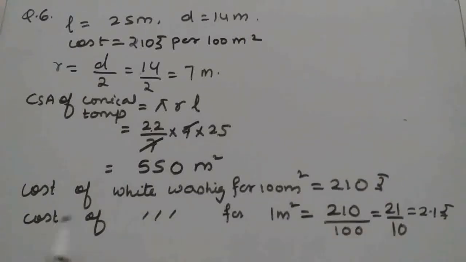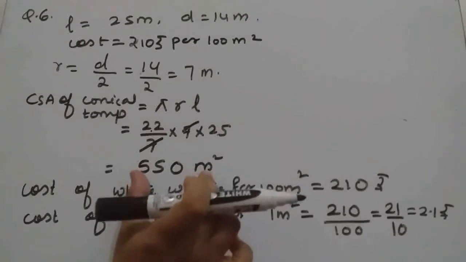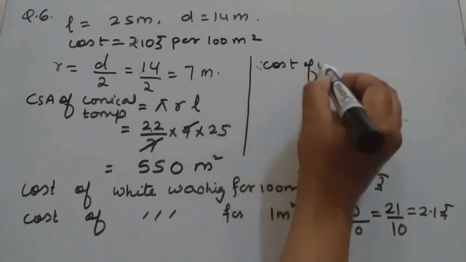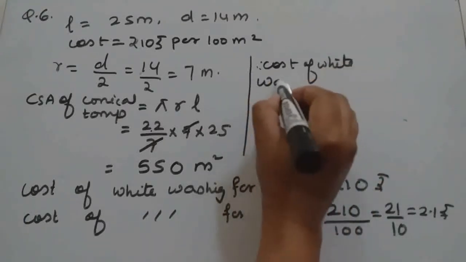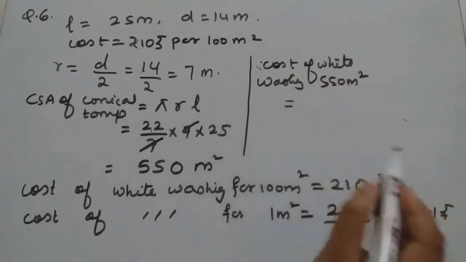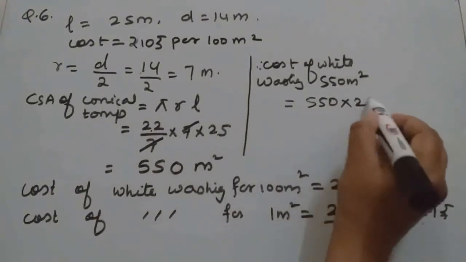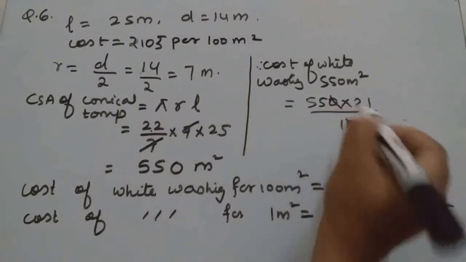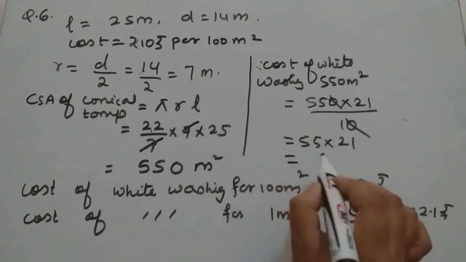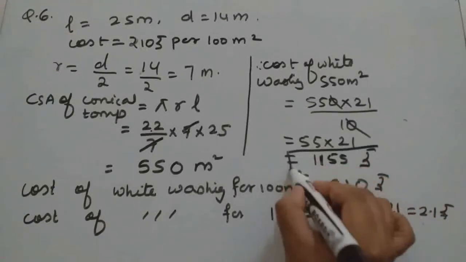Now the cost of 1 meter square we know, so the cost of 550 we can find easily. So the cost of whitewashing 550 meter square will be 550 into this, we should multiply, isn't it? So 21 by 10. So 10 will cancel. 55 into 21 will give the answer as 1155 rupees.